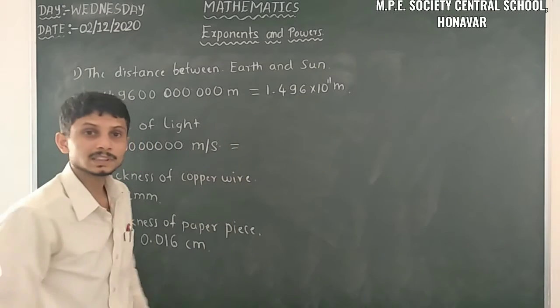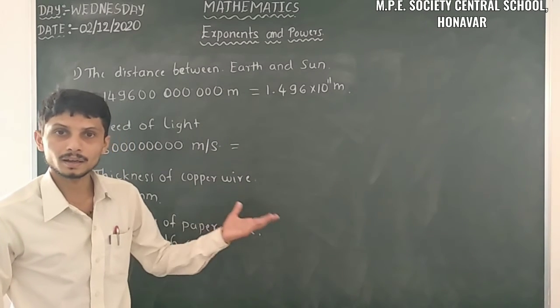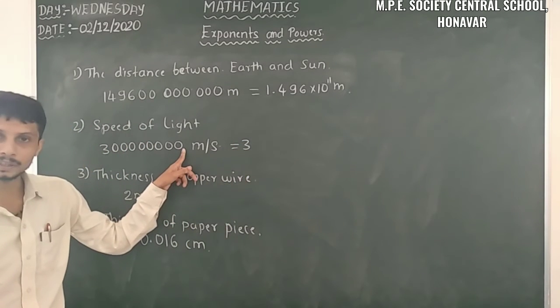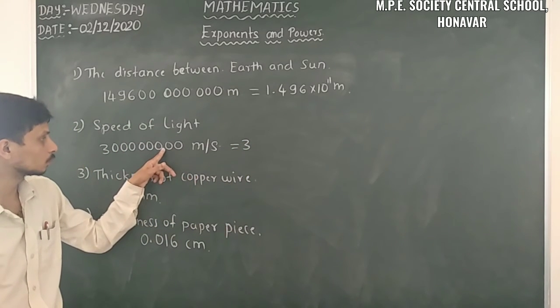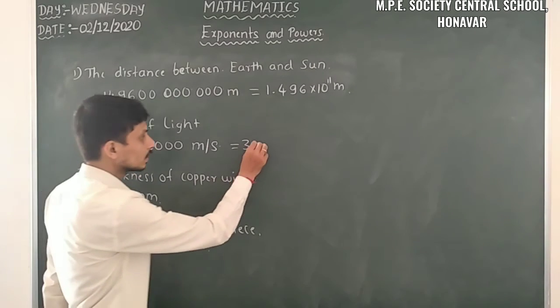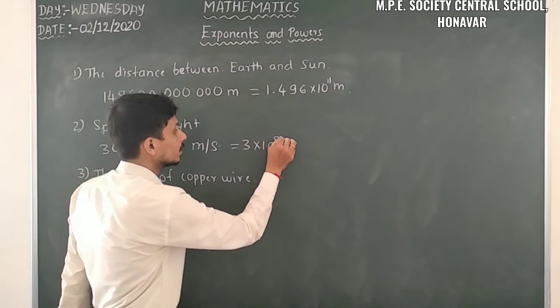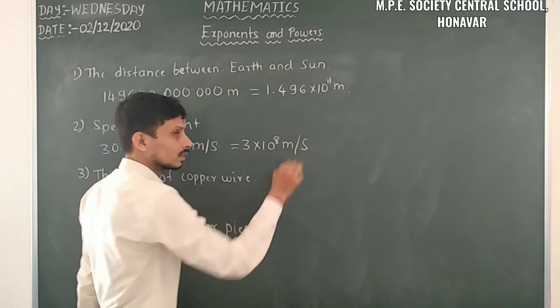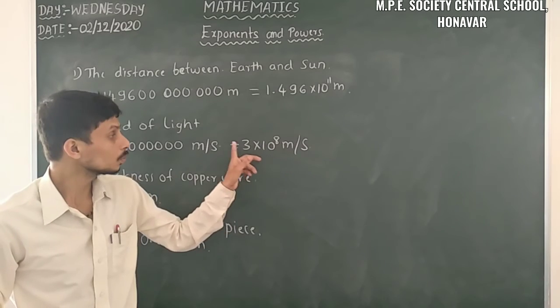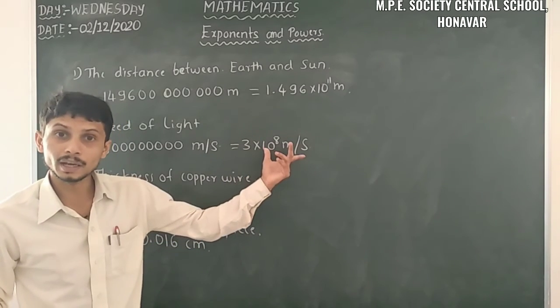Here we have to express it in the form of an exponent. We have 3 and a decimal point here, so 1, 2, 3, 4, 5, 6, 7, 8. That is 3 into 10 raised to 8 meter per second. So in one second, light can travel 3 into 10 raised to 8 meter.